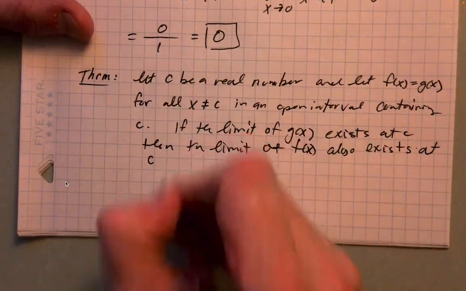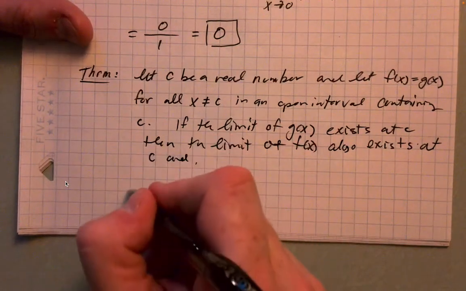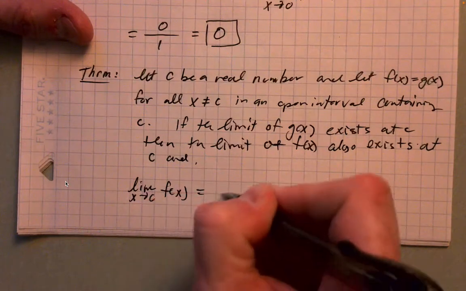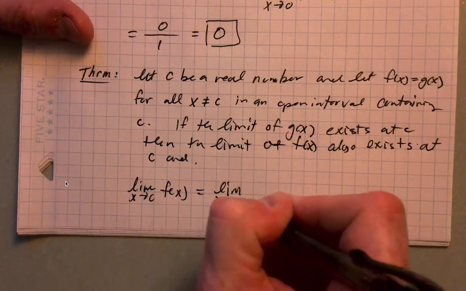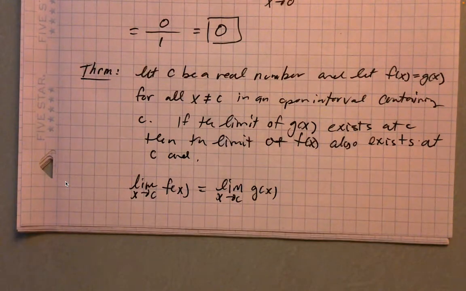And to be more specific, I probably should have just said this to begin with: the limit as x approaches c of f of x is equal to the limit as x approaches c of g of x. So basically what this is saying is if you have two functions that are identical everywhere except at a value x equals c, then the limit at c is going to be the same for them regardless of how the two functions differ at that point.